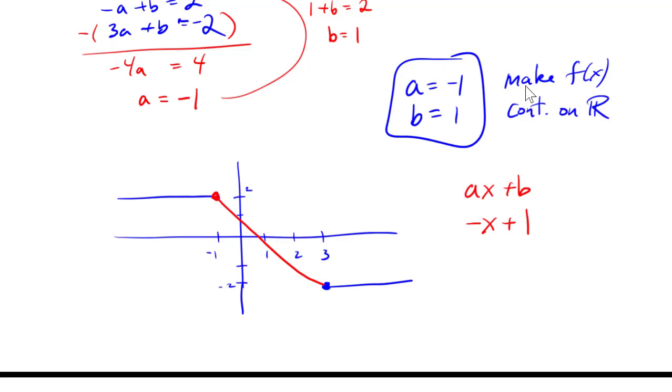And that's in fact the line that we get. So that's all we did: we started with two horizontal lines and we figured out how to connect them to make everything continuous. And now this function here is continuous everywhere on the real line.